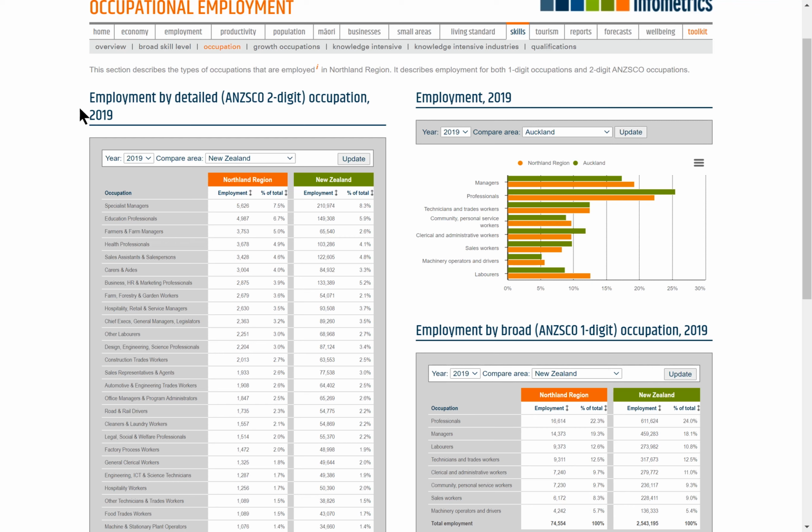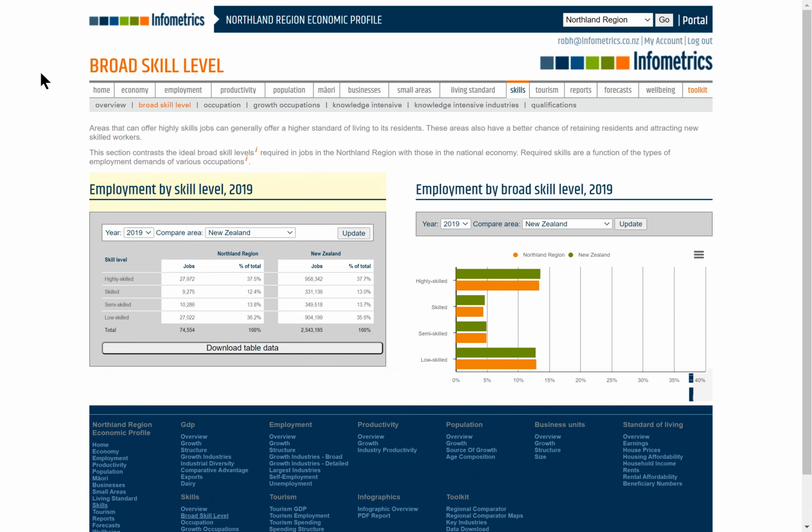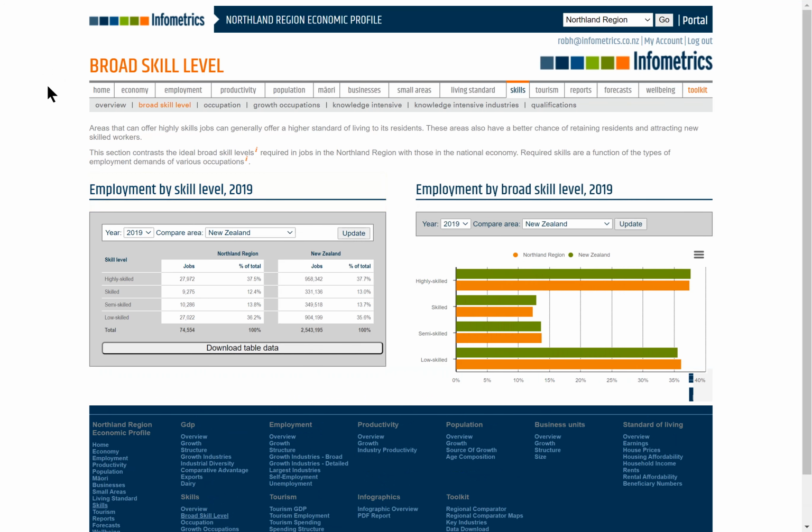If we look at the ANSCO one-digit occupations again, broadly speaking, the occupations at the top of the chart require higher skill levels than the occupations below them. Click on Broad Skill Level. And you can see in the chart and table how employment in your local economy is spread across skill levels from highly skilled to low skilled.